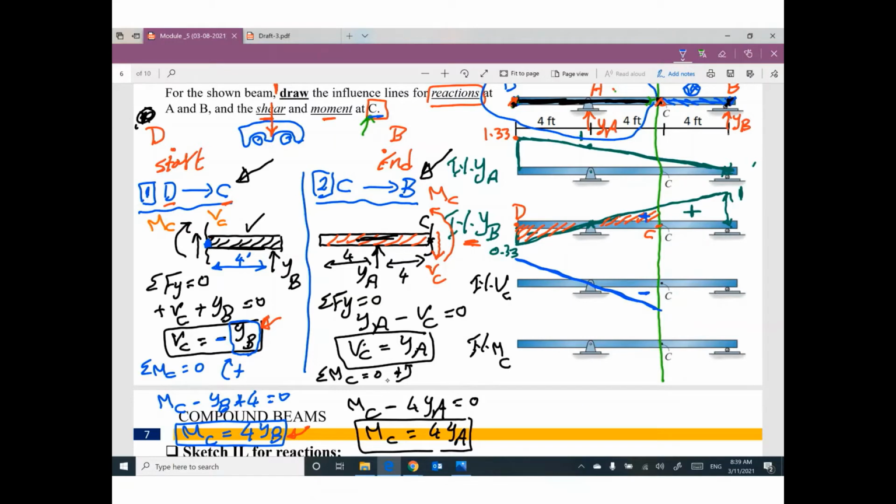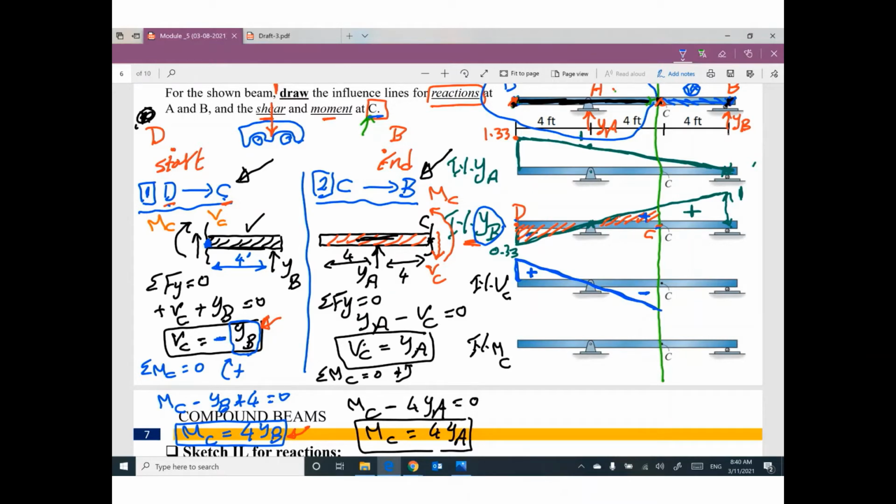This one was negative, it will be positive. Do you agree? From D to C, I'm looking for YB, but negative. Here is YB. Can you multiply this diagram by negative? So this one is negative, it will be positive. This one is positive, it will be negative.